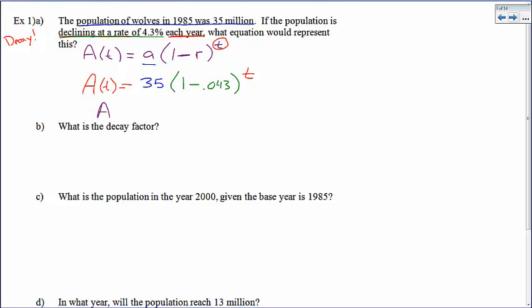Once I've simplified the decay factor, I should be left with a function of t that models the problem and can be used to predict specific situations given the information or given new information in the future.